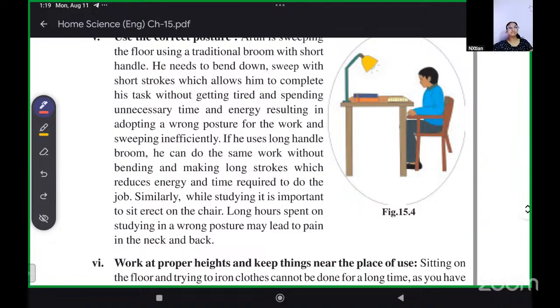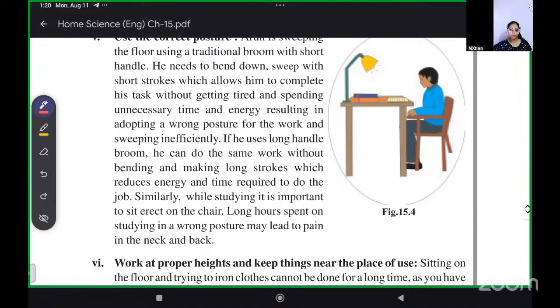Now, the broom example is that nowadays we use a long handle broom, but earlier, and in some villages still, a short handle broom is used. If you've seen it, it has a very short handle, and you have to bend down and then do the brooming.